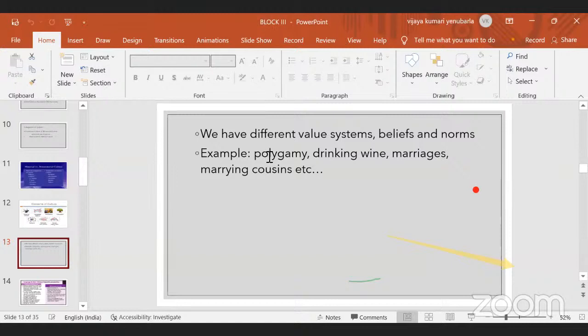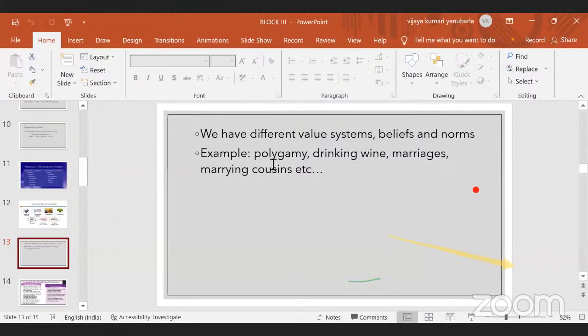And the use of polygamy. Polygamy is having many marrying partners through marriage. Poly means many. Mono means single. Monogamy is having one wife or one husband.